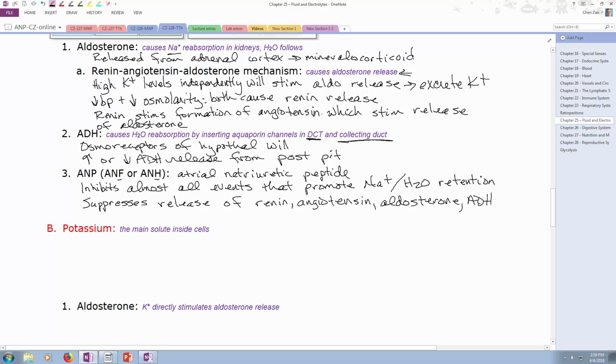So it suppresses the formation of any of those four hormones. So whenever we are not able to retain sodium and water, we will lose it, and this will cause a diuresis for us.